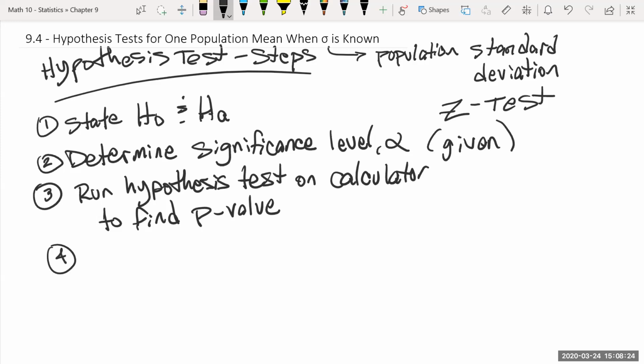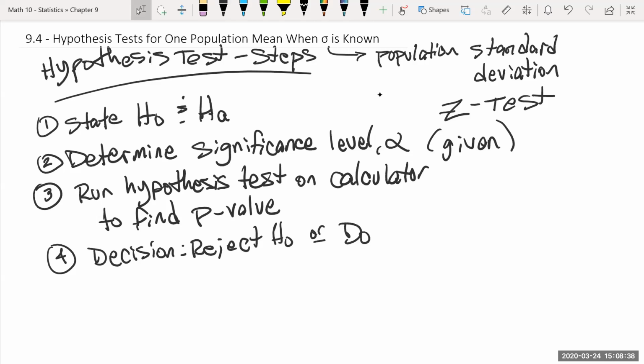All right, the fourth step is we're going to come to what we call our decision. And our decision is either to reject the null hypothesis or do not reject the null hypothesis.